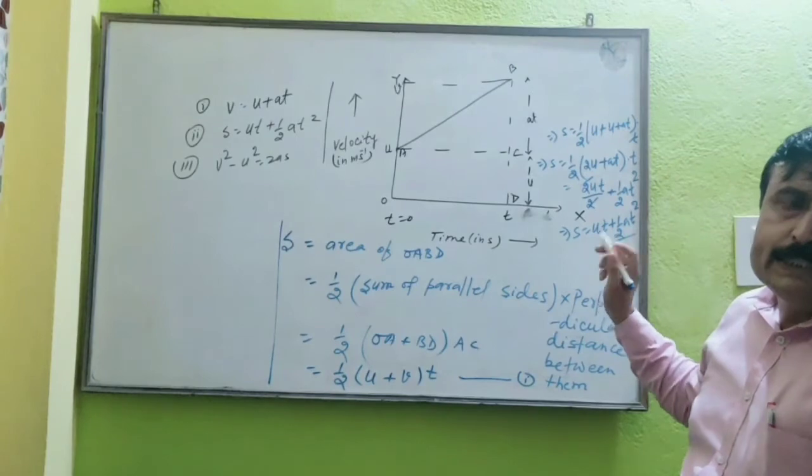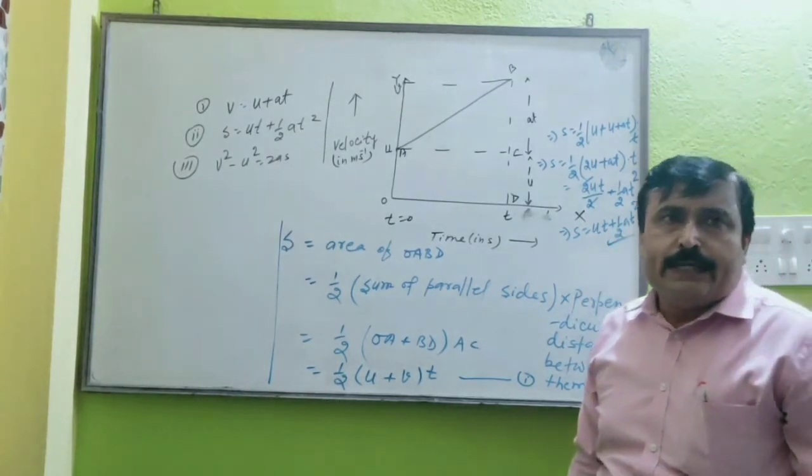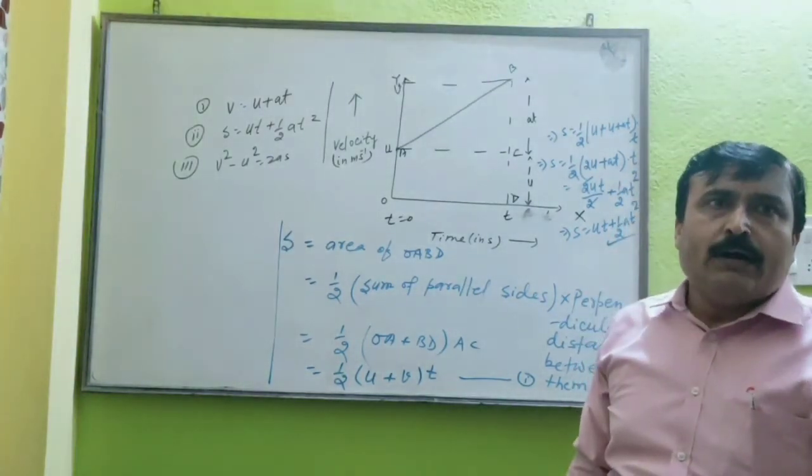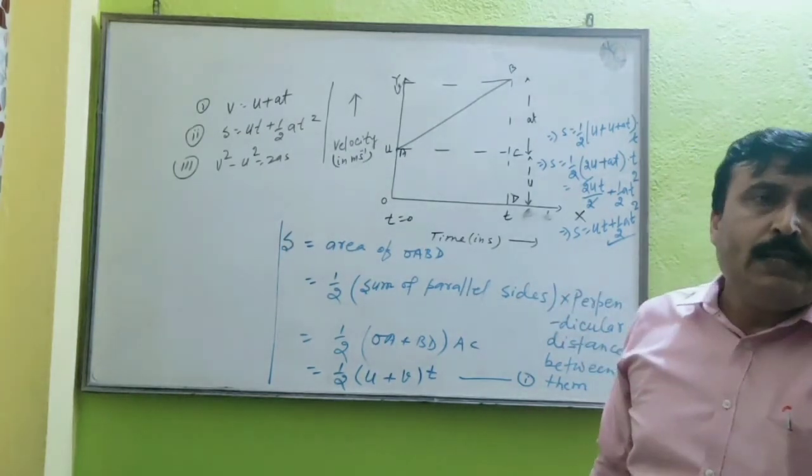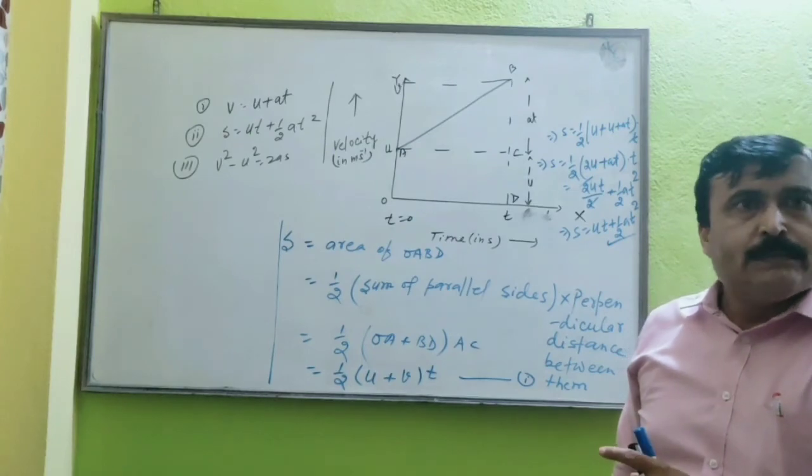In this way, the second equation of motion is derived. This equation of motion is called the position time relation.